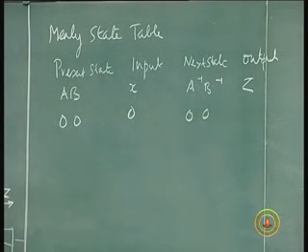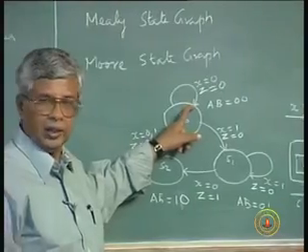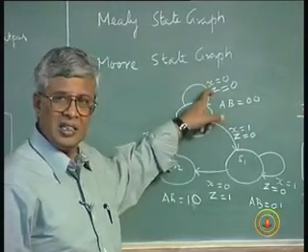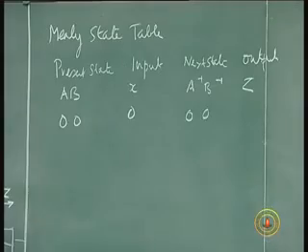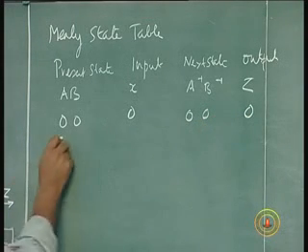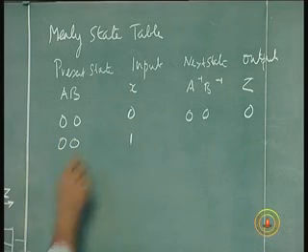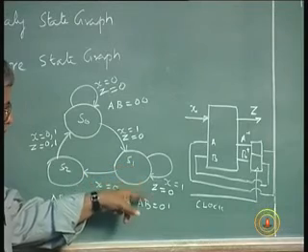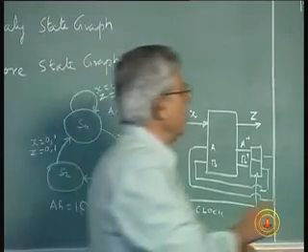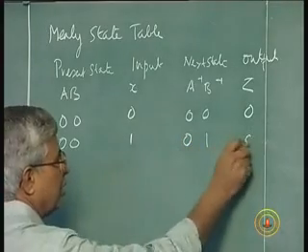Also 0, 0 state, isn't it? X is 0 leads you back to this state, and output would be 0 for that condition. And when the present state is 0, 0 and X is 1, the circuit is taken to S1, which is the 0, 1 state, and the output is still 0.